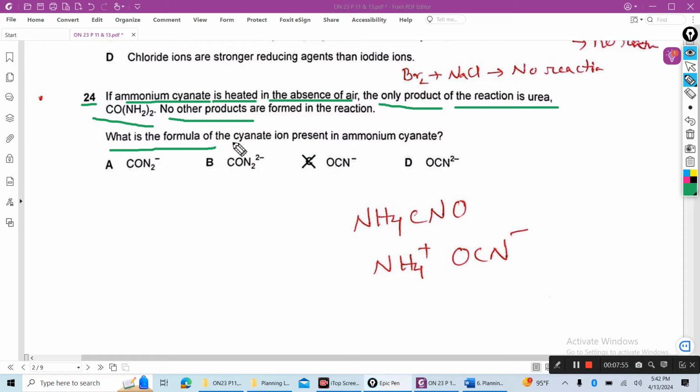What is the formula of the cyanate ion present in ammonium cyanate? Ammonium cyanate formula is NH4CNO, ammonium positive, cyanate negative. So this formula will be OCN minus or CNO minus. C is the correct answer.